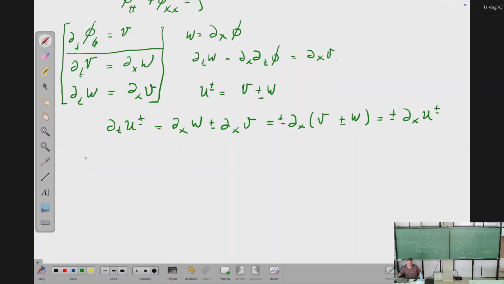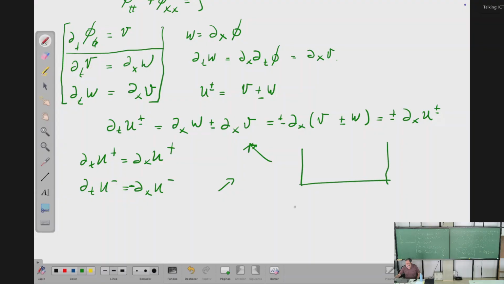You have dt of u plus equals dx of u plus. So it's a wave going this way. And the other one, with a minus here, is a wave going that way. So for instance, you can say, okay, you are solving in some region.